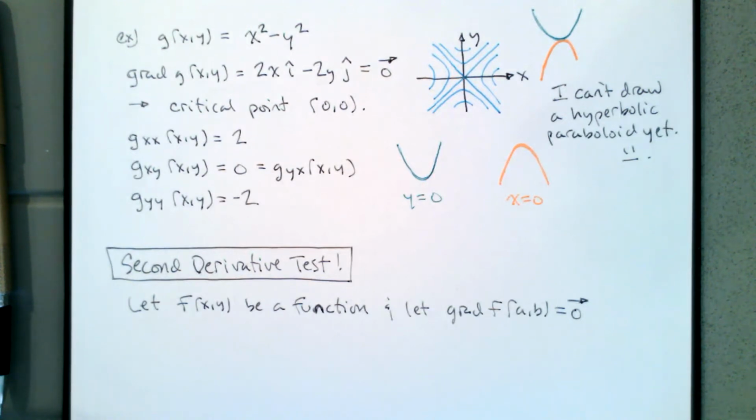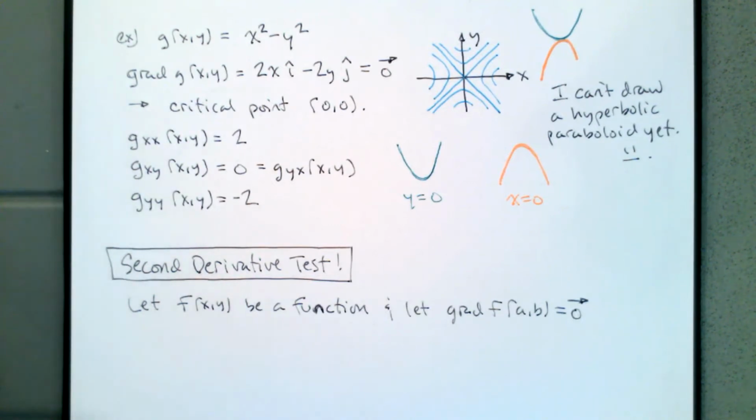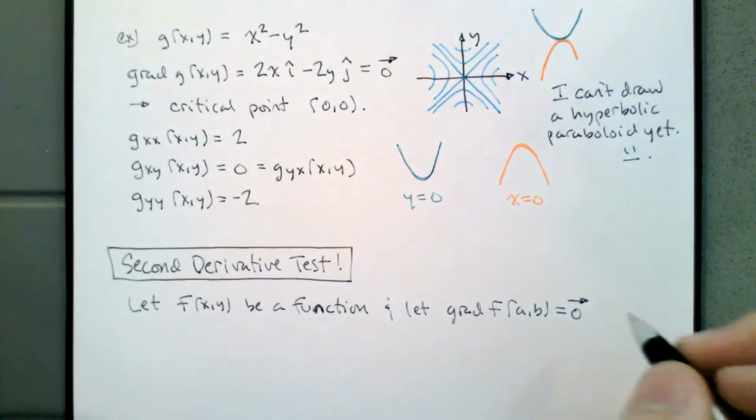So let's just specifically look at the gradient of f at this critical point. We're going to calculate this.